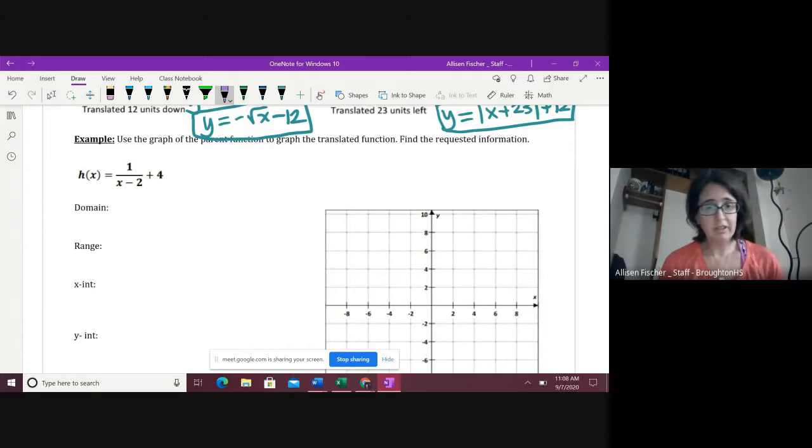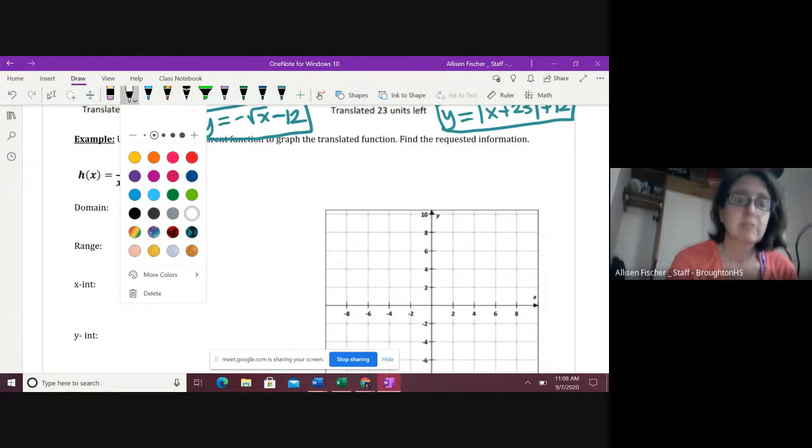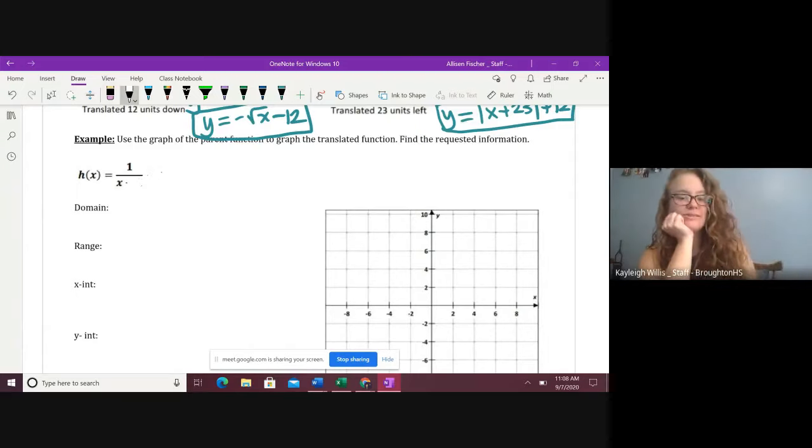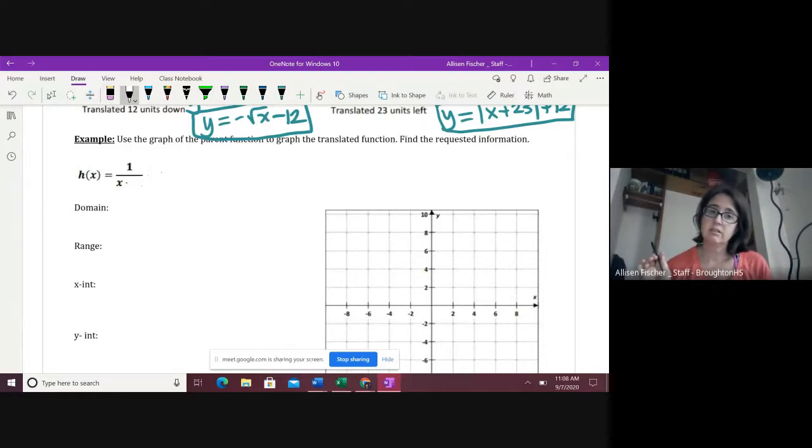So this is where we really need you to know what the parent graphs look like. So we need to identify what is the parent function. So if you take out everything that was added in, I want you to imagine that we took all this out, everything that was added in. There's your parent function. You see?